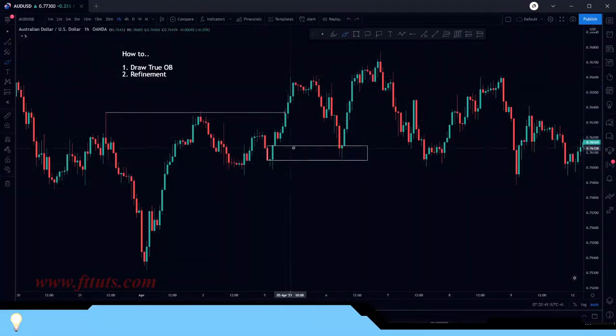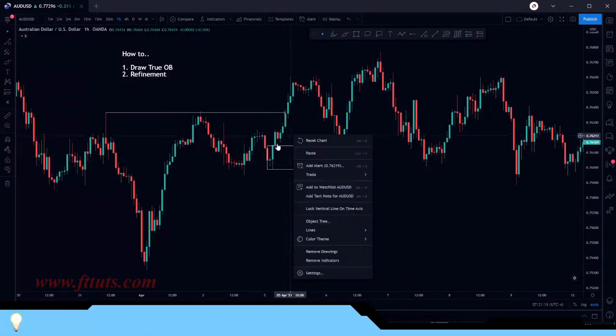And if we are entering this trade, for example, we don't want to get purged or stopped out of the trade. So the first refinement here is to factor in the lows of this wick. Then this is your true order block with a little refinement to factor in the lower wicks of the actual order block.